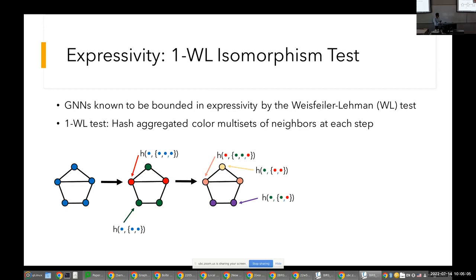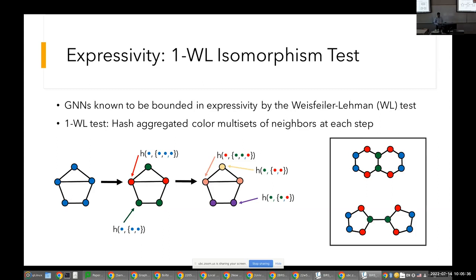Then I hash the neighboring colors. For this node, I have 3 neighbors that are blue, and then you have the color itself. These 2 nodes are identical and get mapped to this red color. You can see these 3 nodes are different because the multi-set has 1 fewer color. Then you keep going and hash this, and you get more distinct colors.